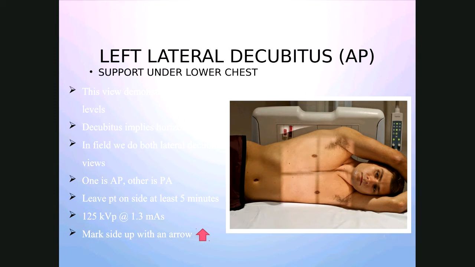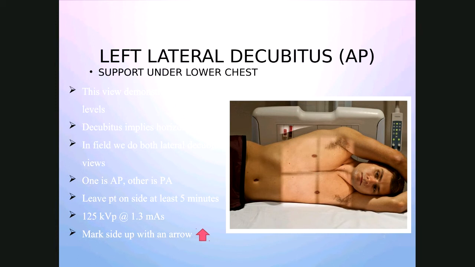And when there is a horizontal beam, the beam is coming in horizontal, and typically the patient is lying down in some position, because typically the reason you have a horizontal beam is that you're trying to demonstrate air fluid levels. All right, so this view definitely demonstrates air fluid levels. Decubitus does imply that it is a horizontal beam.